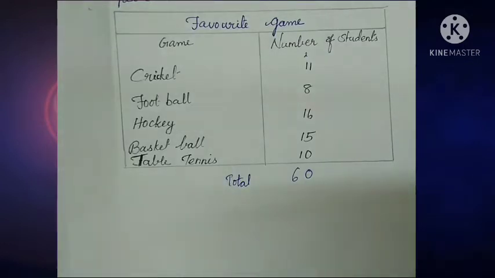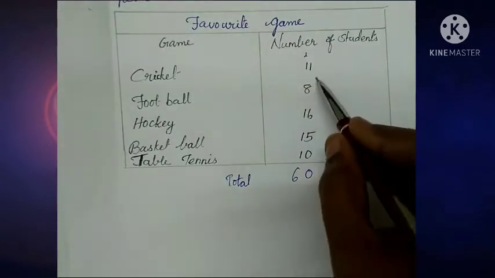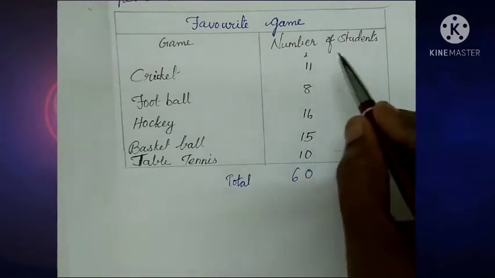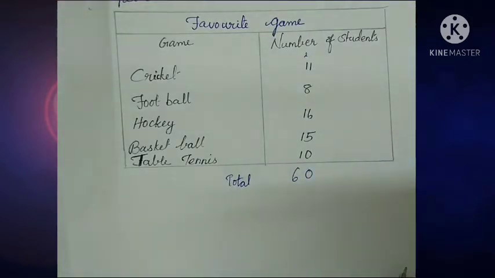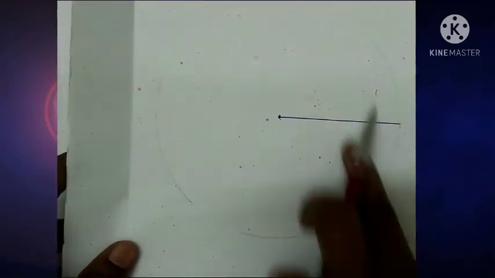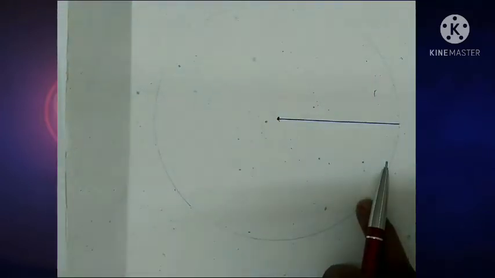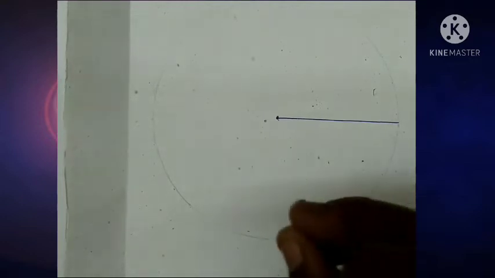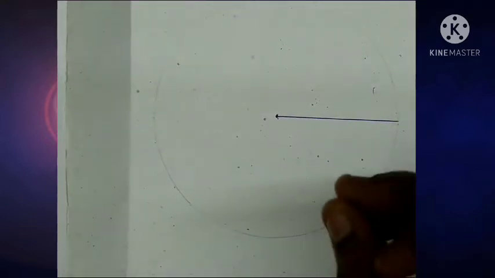So next procedure, we want to find out one person's angle. How can we find out one person's angle? The circle means 360 degree. One circle means 360 degree. We want to split it, each person's how much measure.